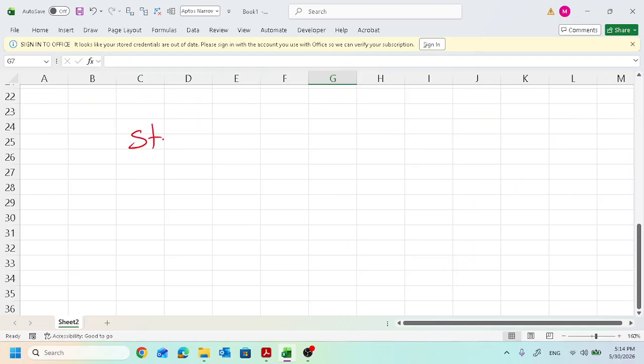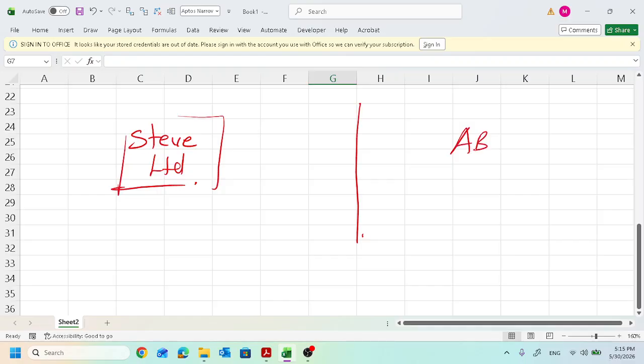Now, Steve Limited will find another company in the UK, let's say ABC Limited, the counterparty. The first thing Steve Limited will do is agree on an exchange rate.